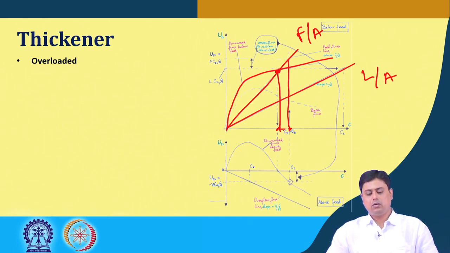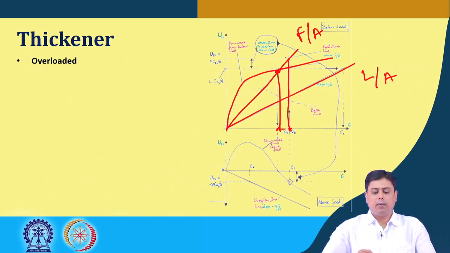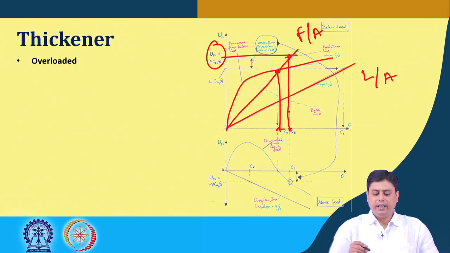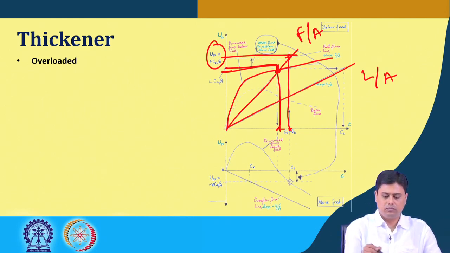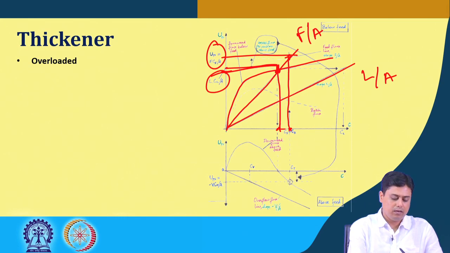Now, what happens once this is overloaded? We can see that for that condition the bulk flow rate is this one, which is the UPS corresponding to this line, but critically it can handle this value, which is LCL by L, that is the maximum it can handle.